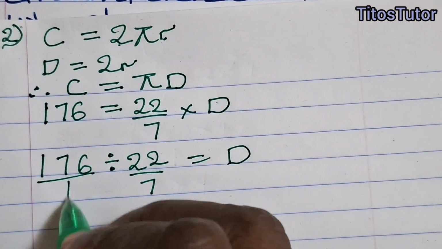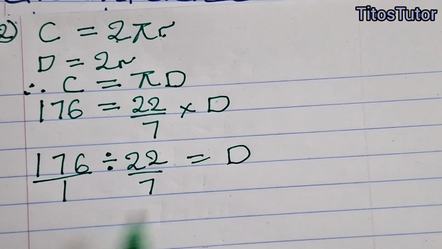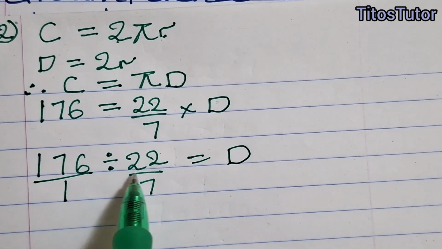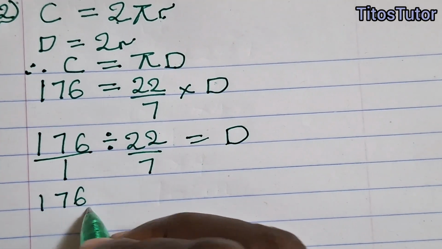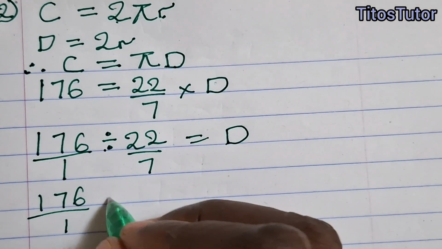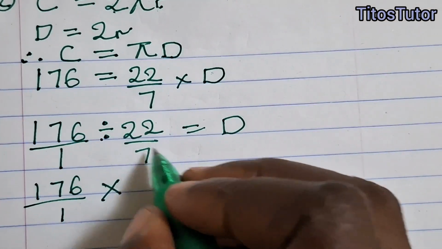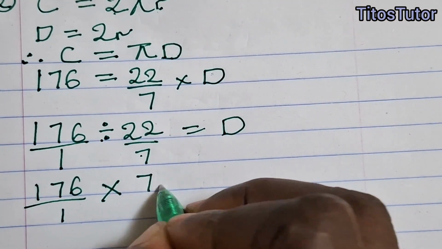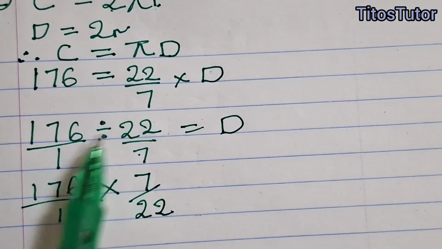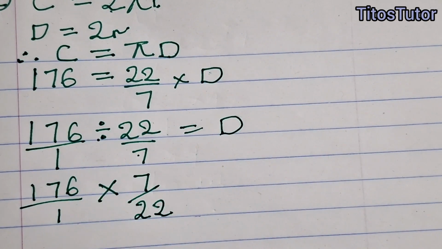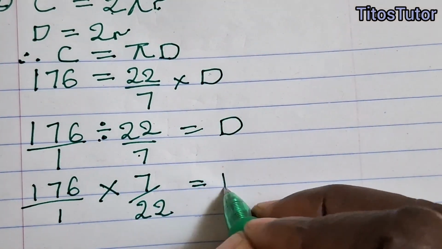Here is over 1, so it's looking fraction. So fraction divided by fraction is keep the first fraction, change this to multiplication, and flip the next fraction. So we say it is keep, change, and flip. This gives me my d.